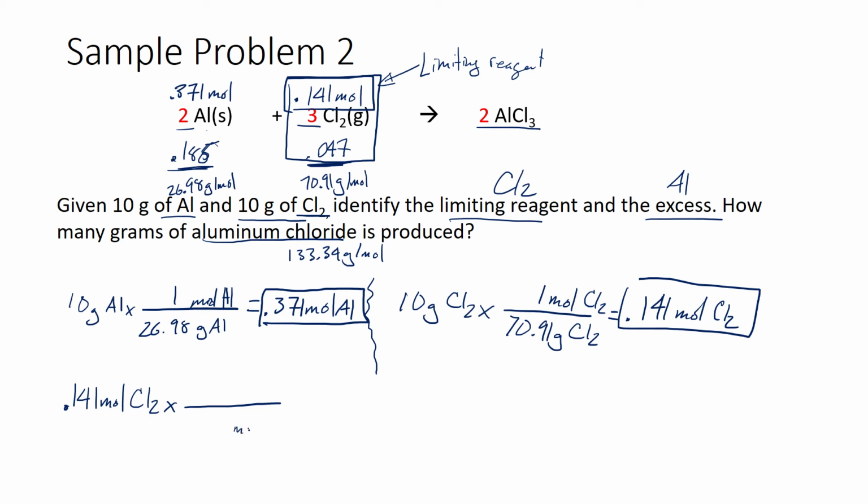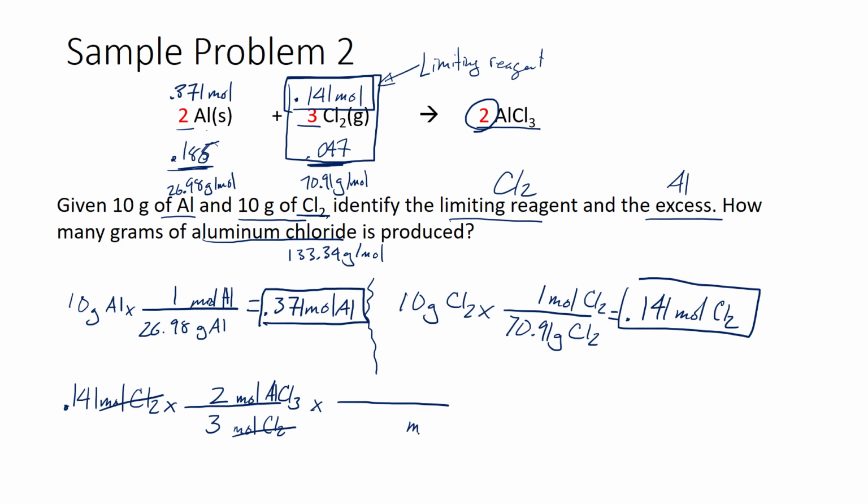So let's get out of moles of chlorine into moles of aluminum chloride, AlCl3. And looking at the balanced equation, for every 2 aluminum chloride, there are 3 chlorines. So there are 3 chlorines down here for every 2 up there. And that's going to get us into moles of aluminum chloride.